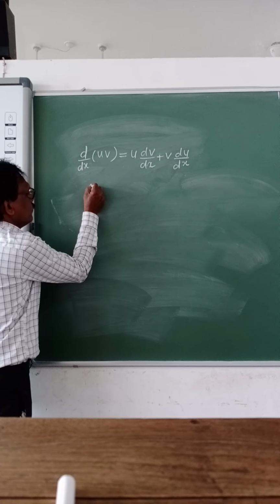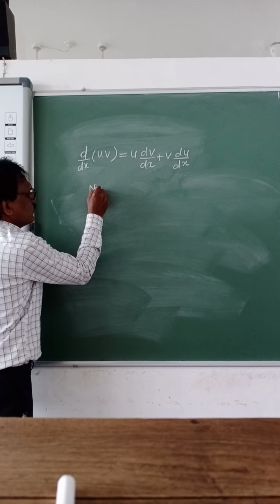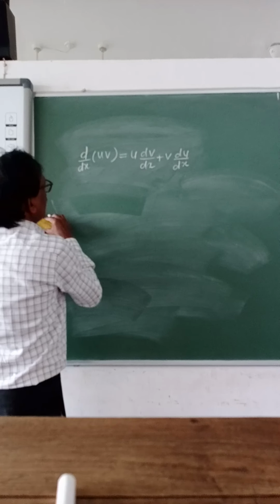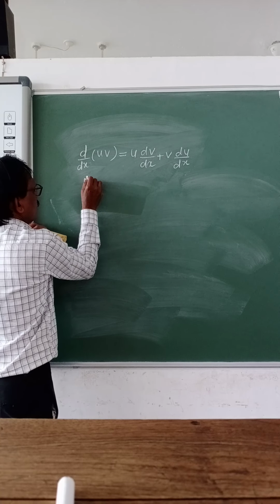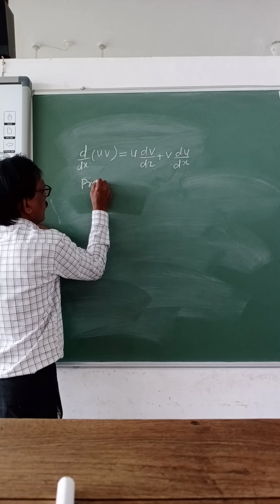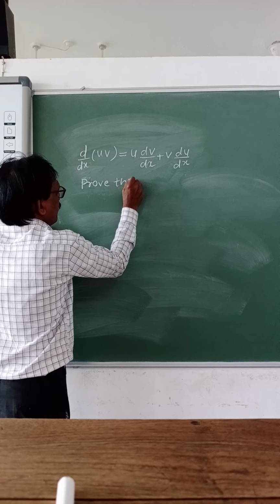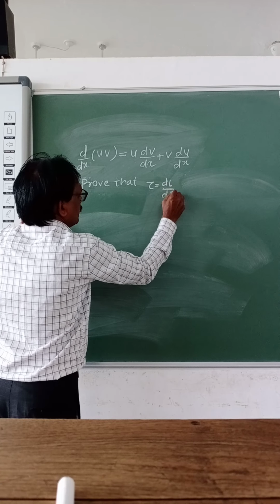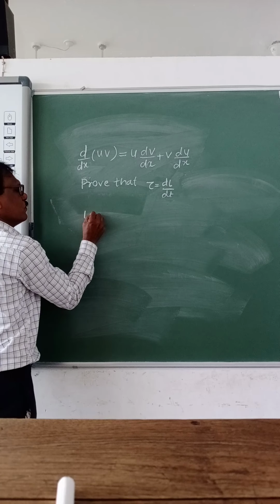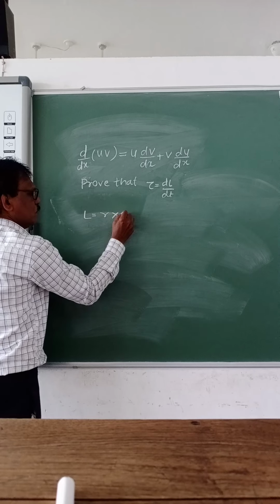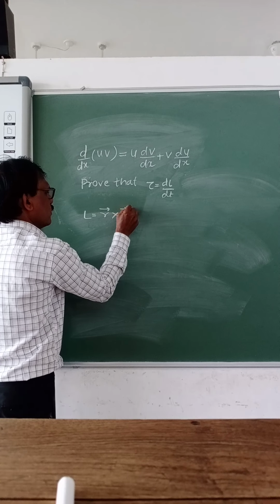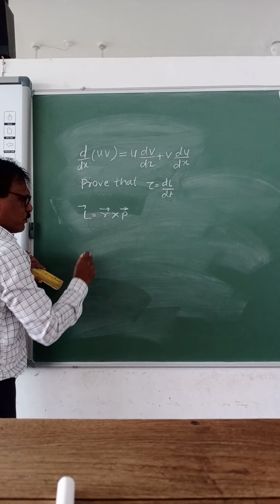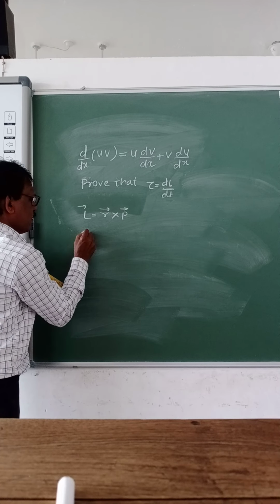So how do we prove Newton's second law in rotational motion? Prove that tau equals dL by dt. Let us begin with L equals R cross P, where L is angular momentum, R is the position vector, and P is the momentum vector.